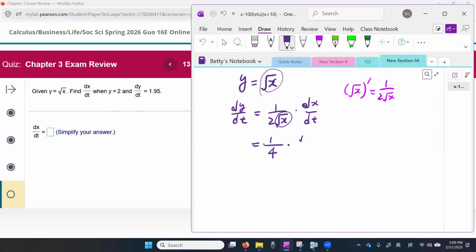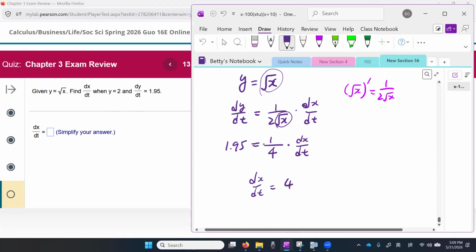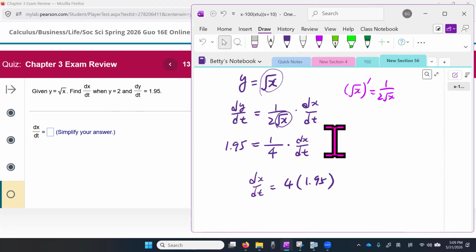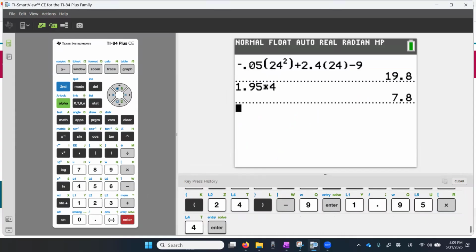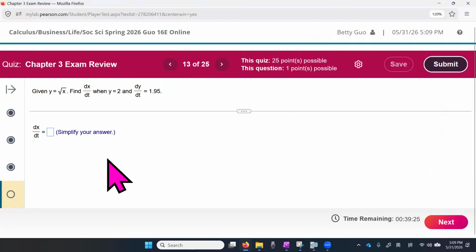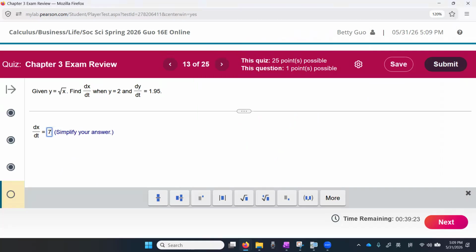And we're looking for dx/dt. dy/dt is given as 1.95. So dx/dt is 4 times 1.95, which is 7.8.